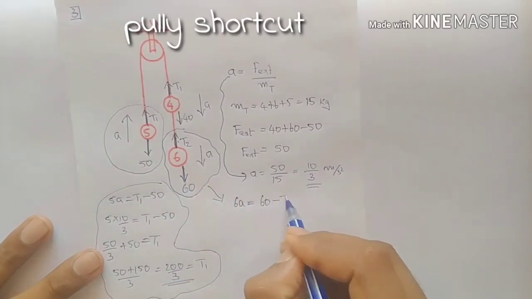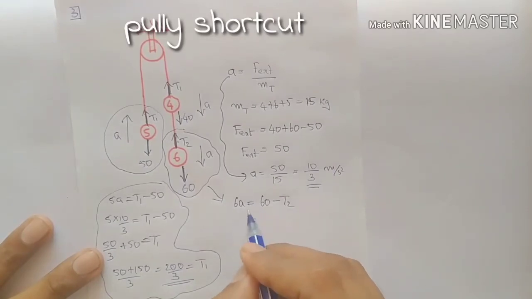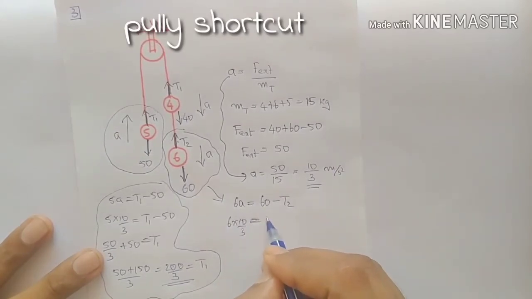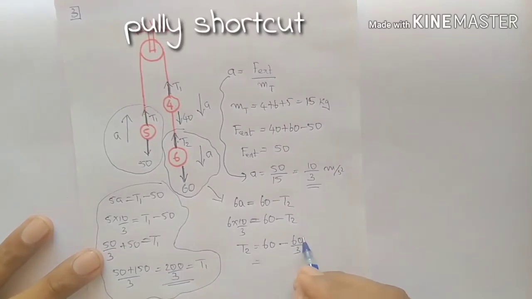Therefore 6 into 10 by 3 is equal to 60 minus T2. T2 is equal to 60 minus 60 by 3, therefore 40 Newton. T2 is equal to 40 Newton.